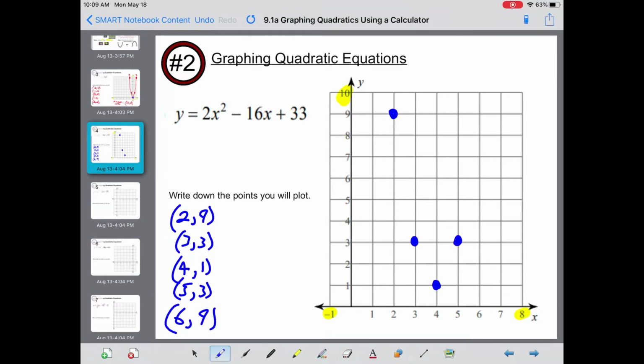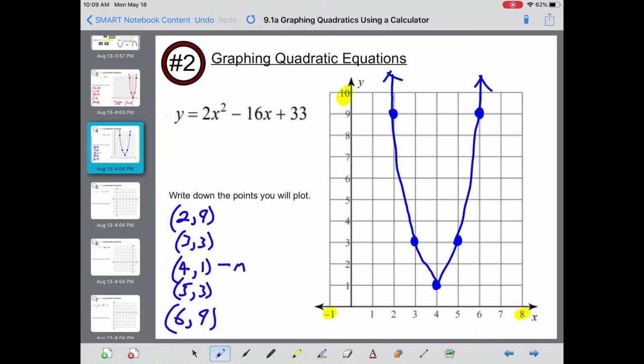Right 3 up 3. Right 4 up 1. Right 5 up 3. Right 6 up 9. And there is your parabola.